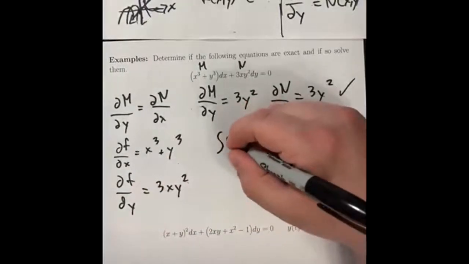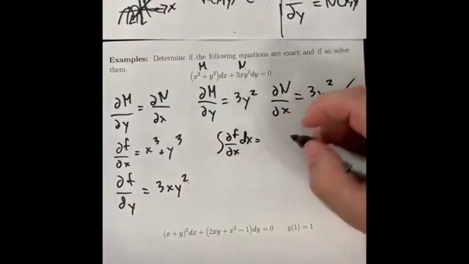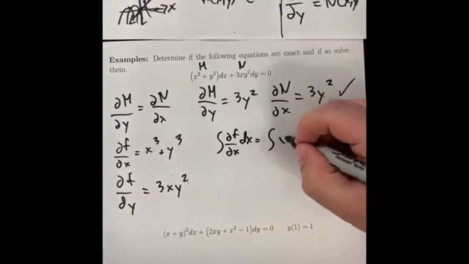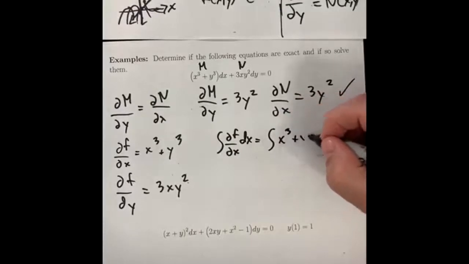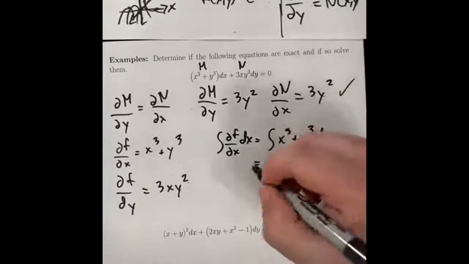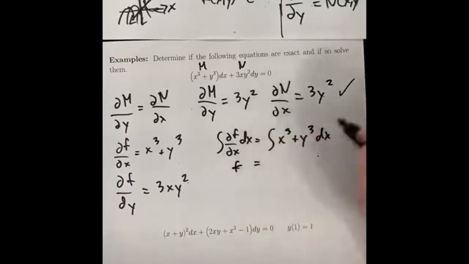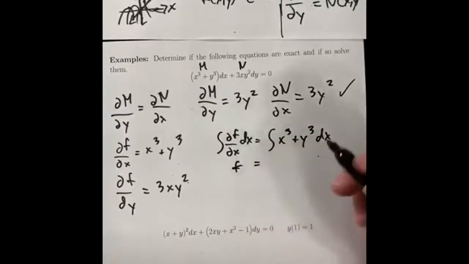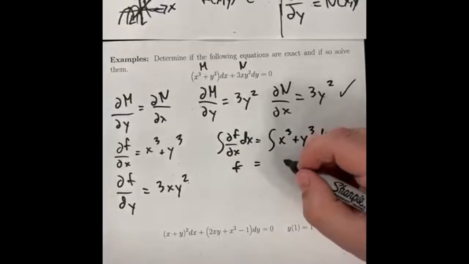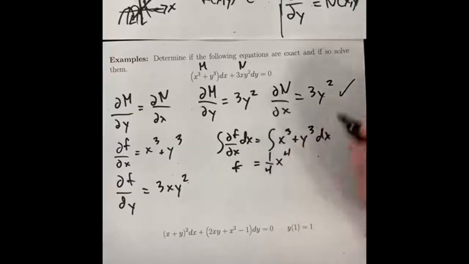So we integrate partial f, partial x with respect to x. That should equal the integral of x cubed plus y cubed dx. That cancels, and we're left with just f. Now we do the antiderivative of this side using the power rule. This would be x to the fourth times 1/4.